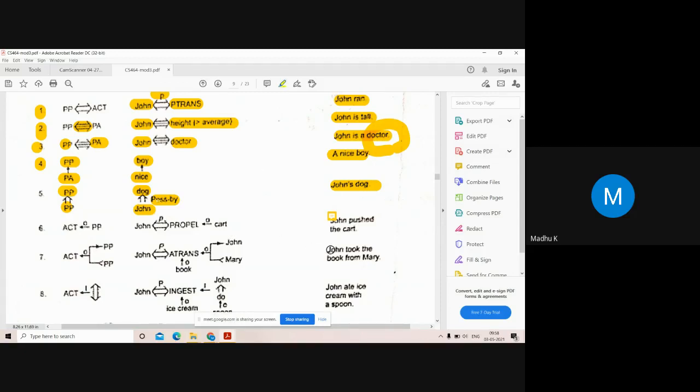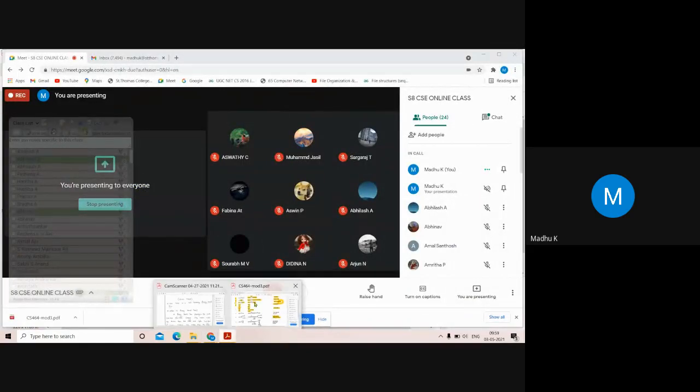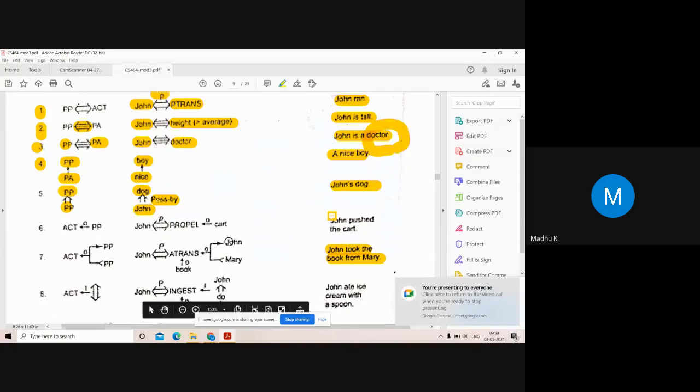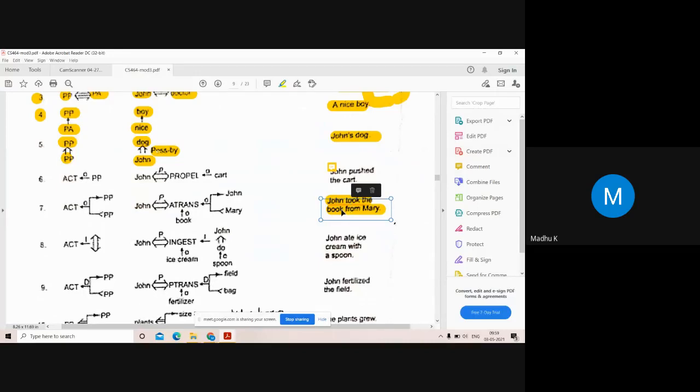So next is "John took the book from Mary." To represent this type of sentence, there is an action, took.